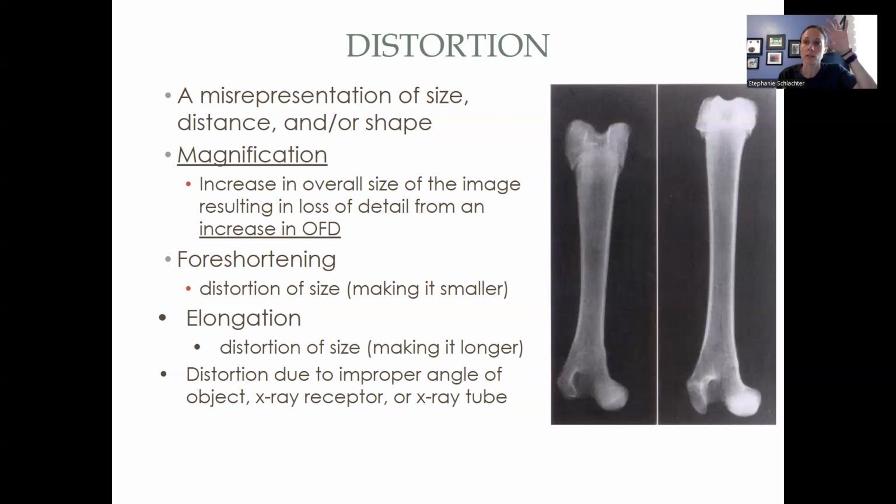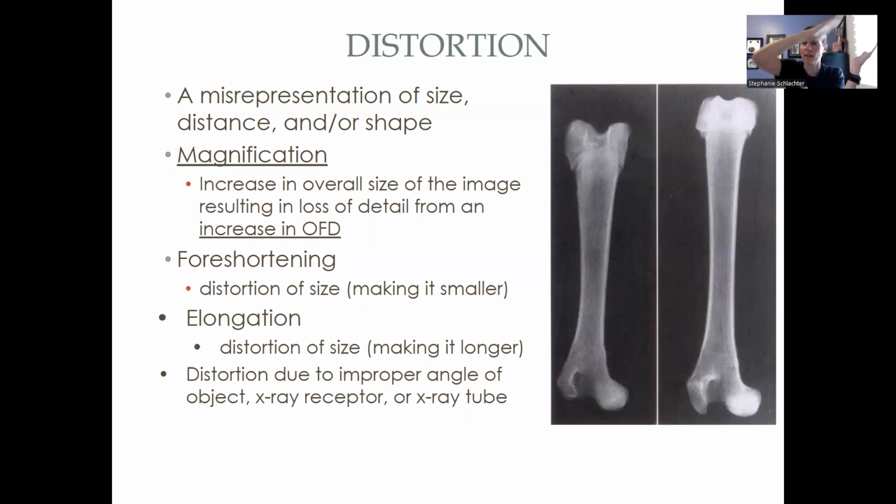And then you can also get distortion if you change the angle of your tube head. Even though most tube heads are stationary in our tables, you can usually adjust the angle because there are some images in positioning where we actually do want to tilt that. You can also take the mobile ones, where I said the tube can swing 90 degrees.